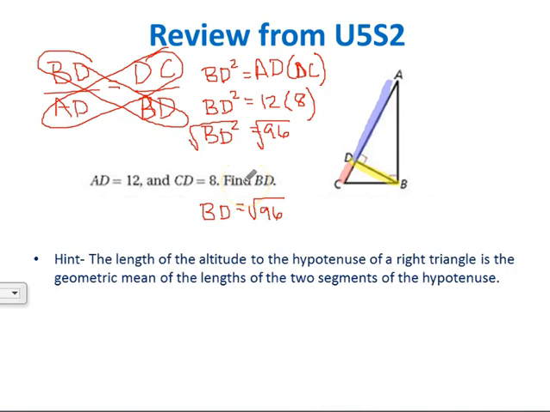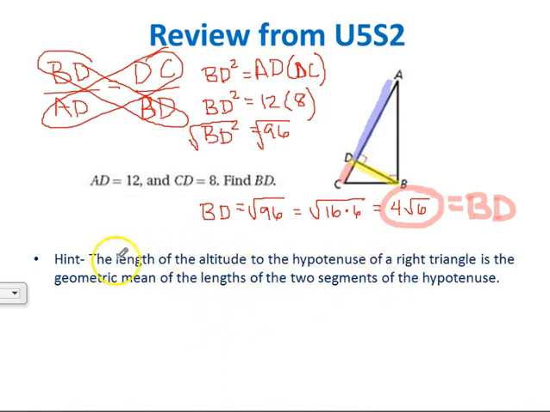Are there any factors of 96 that have a perfect square? And there is. I know that 16 times 6 gives me 96. So I can take the square root of 16, which is 4, and leave behind the square root of 6, because there are no factors that have a perfect square. So BD equals 4 square root 6.